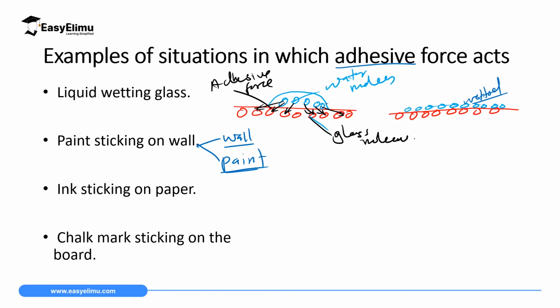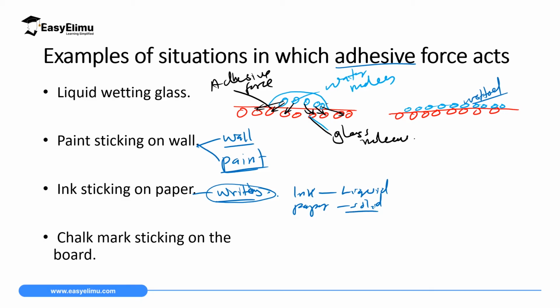Then we have ink sticking on paper. Like right now I'm writing. The reason why this ink sticks on the paper is because of the force of attraction between the ink and the paper. Remember, ink is in liquid state, so the molecules are in liquid state, and the paper is solid state.